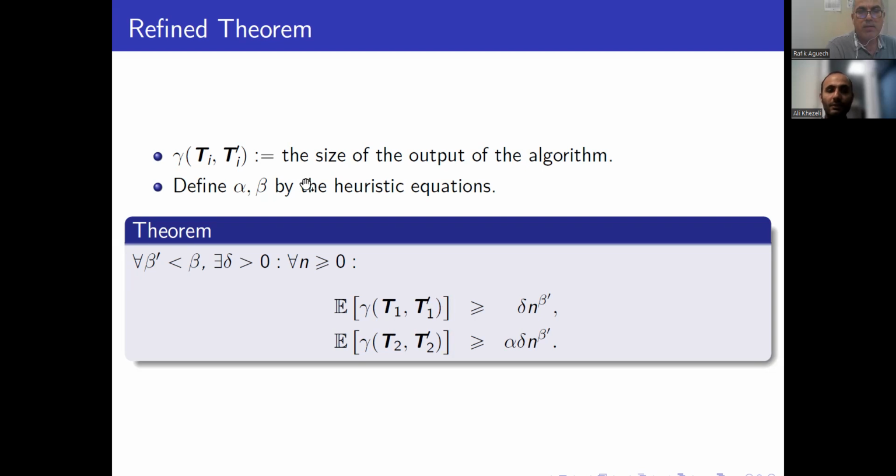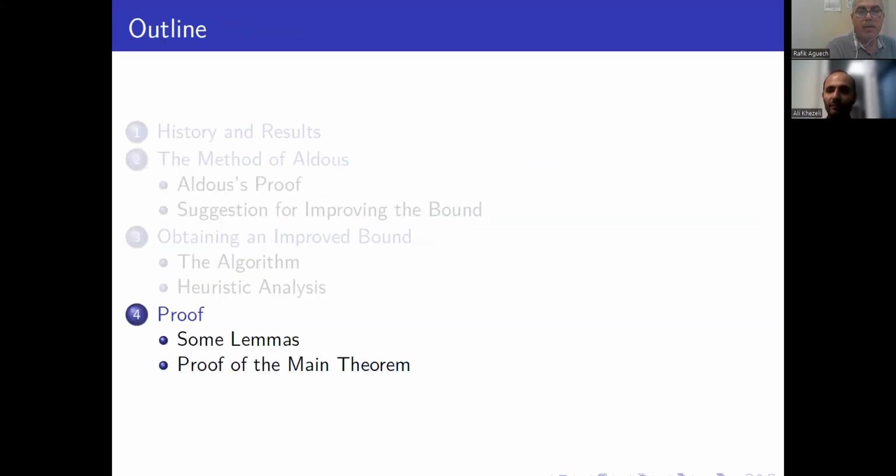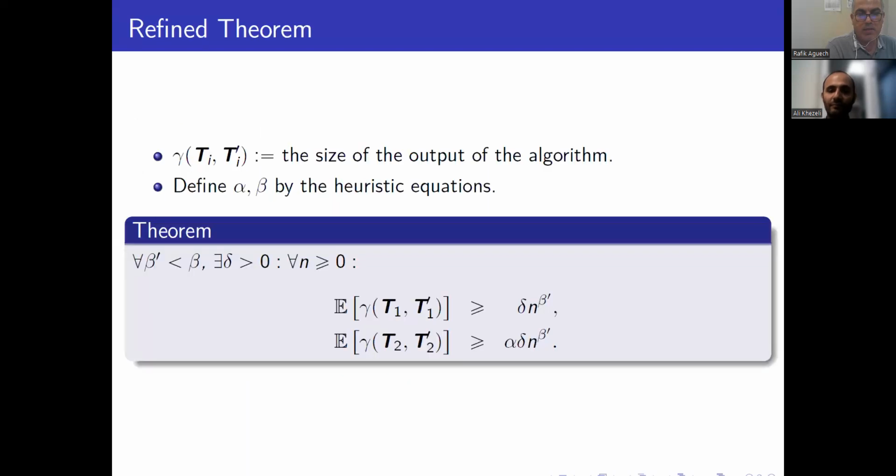No, the value of beta is defined by the heuristic results, but the rest of the argument does not use the heuristic. Okay, but sorry, in this theorem, you suppose that the beta is given, but it is given by heuristic, and you prove your theorem.